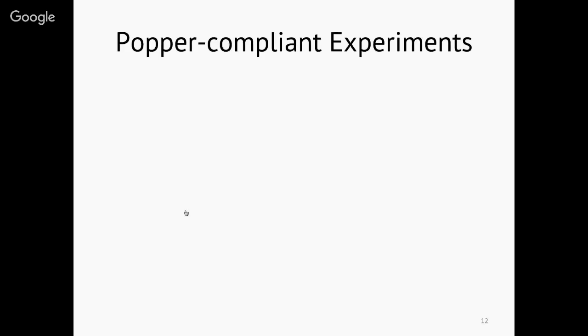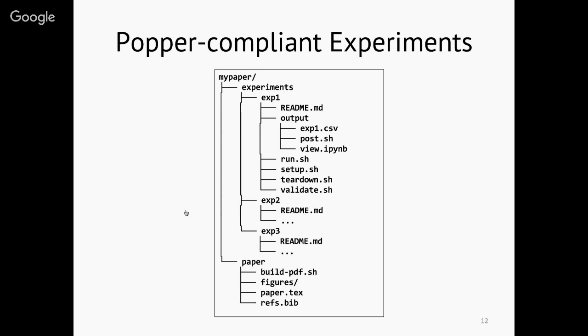And these experiments, or the projects, look something like this. It's a common convention for structuring these experiments. We have an experiments folder, and every subfolder has an experiment in it, and we have an optional paper subfolder that would have the manuscript.